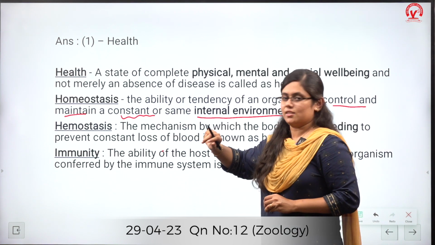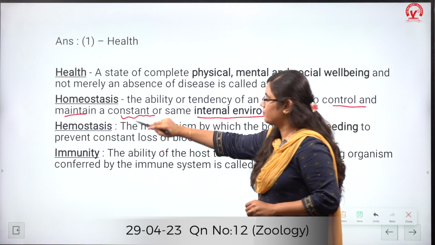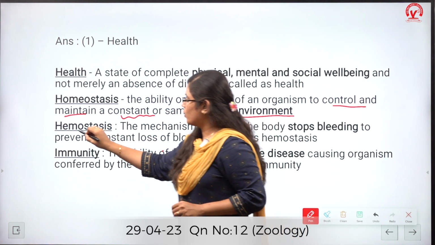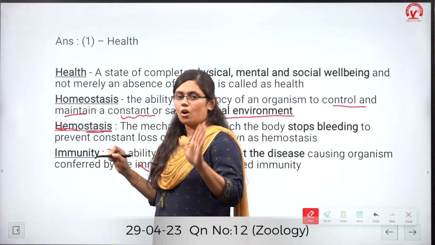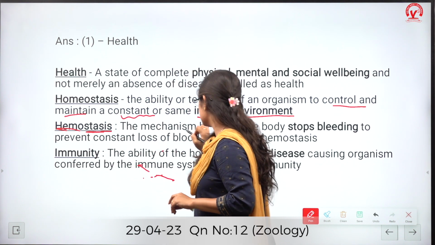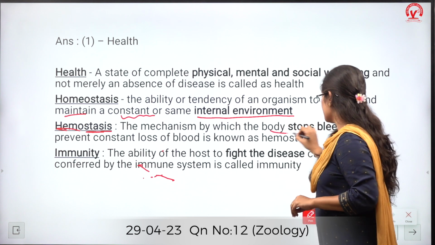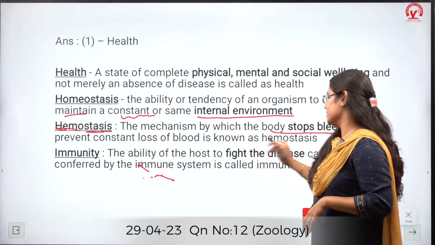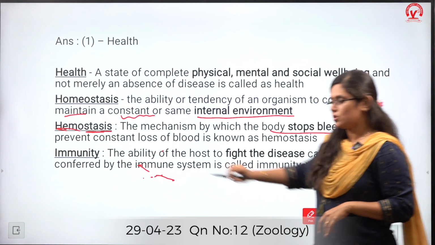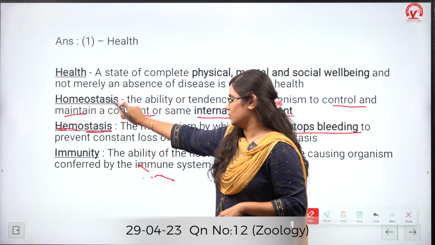Next, hemostasis. So hemostasis is different from homeostasis. Hemo means blood. Stasis means to stop. So stoppage of blood. The mechanism by which the body stops bleeding to prevent constant loss of blood is known as hemostasis. So you should not get confused with these two terms.